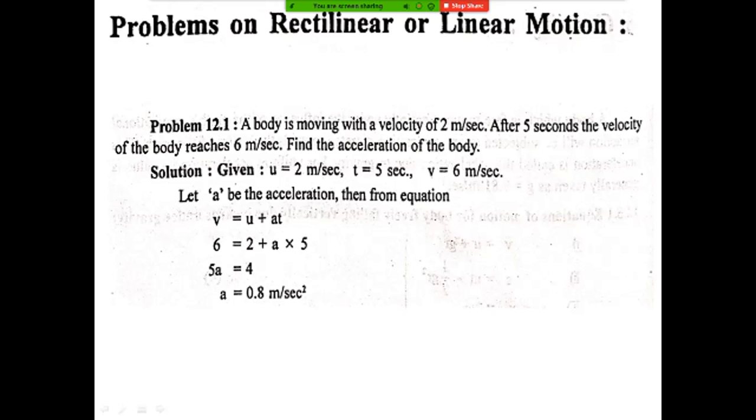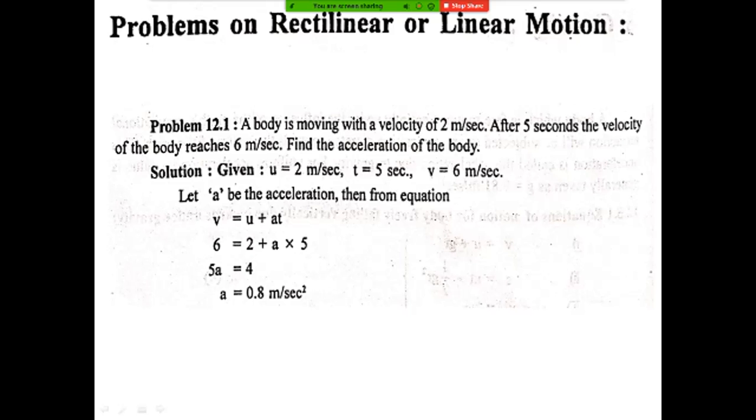Now note down the data given in the problem. Initial velocity is represented by u, that is 2 meter per second. Time t is 5 seconds. Final velocity v is 6 meter per second after 5 seconds.